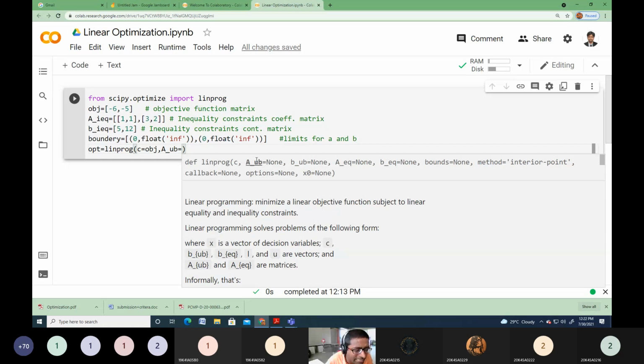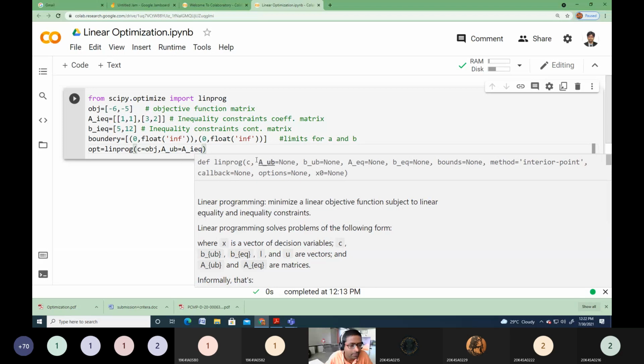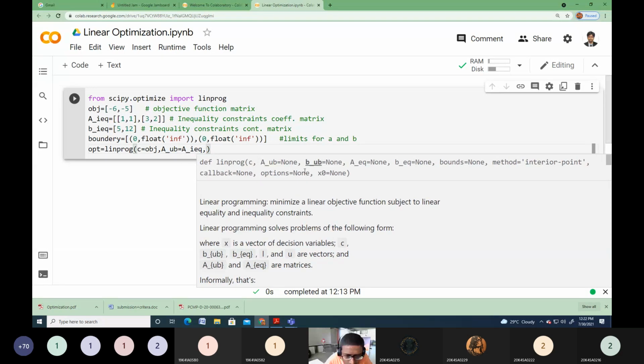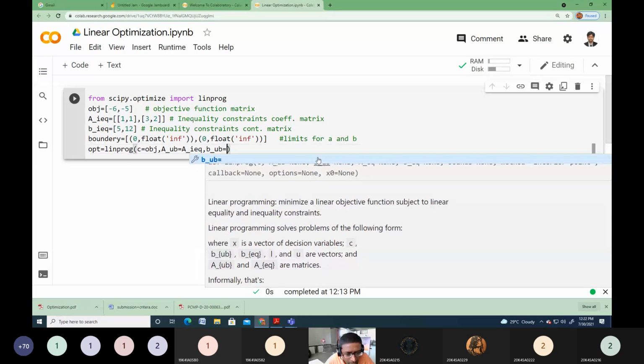So what is the coefficient matrix of the inequality constraint in our problem? A underscore IQ. Perfect. Now we are passing that also. Next, B underscore UB. So what do we have to pass here?